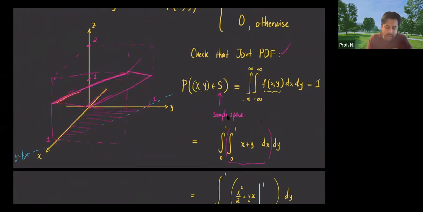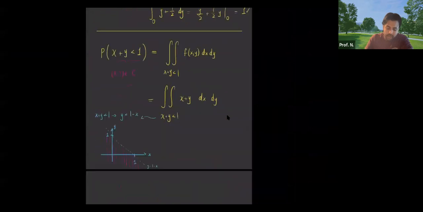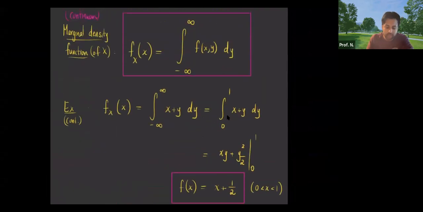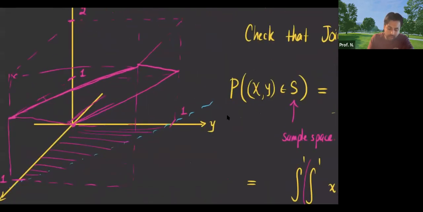I'm not looking for the entire volume underneath because we already did that. That's obviously going to be 1. It has to be 1. So this probability question resulted in finding the volume underneath the curve for the region underneath the graph that's contained in this triangular region.